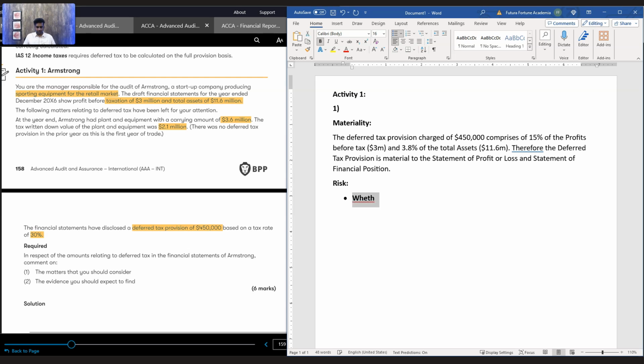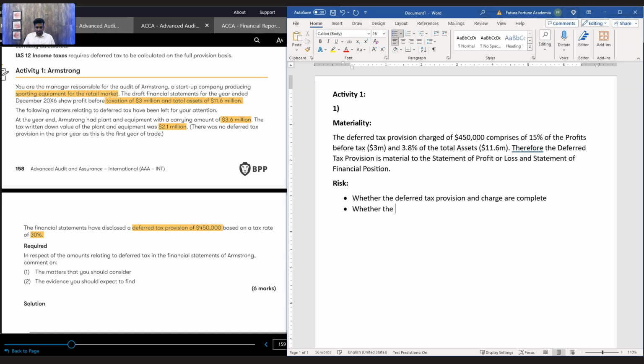So the question is whether the deferred tax provision and charge are complete, which means have they considered all the assets and all the liabilities they are supposed to consider while creating this deferred tax provision.